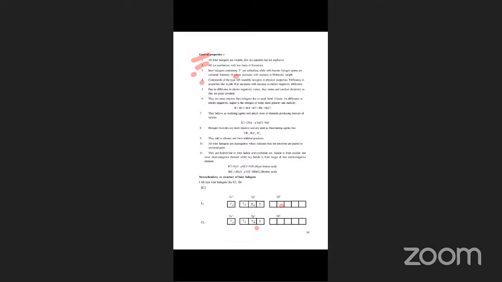For example, ICl. So this is 2.20, 2.75. ICl, IBr, ClF. ICl, 2.85.